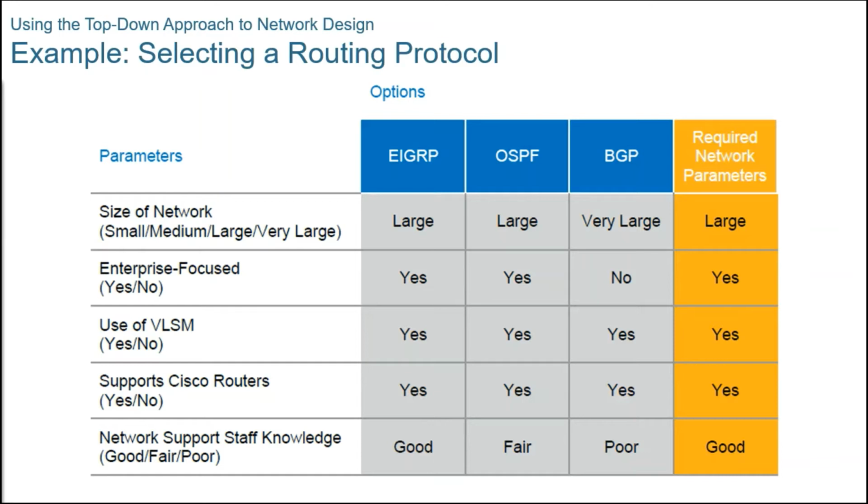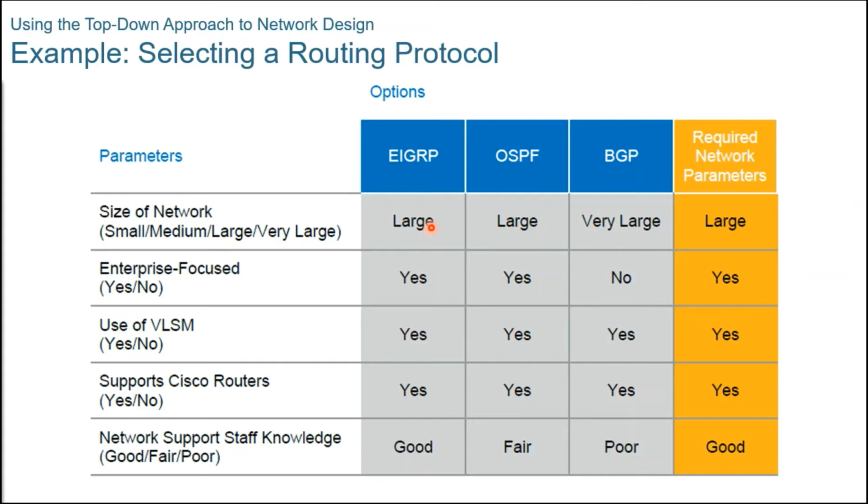We have some video lectures about these routing protocols. Now, as indicated in the figure, the chosen protocol should include the following properties. First, it should support a large network. So all protocols here considered meet this requirement. All of these protocols are compatible with a large or very large network.